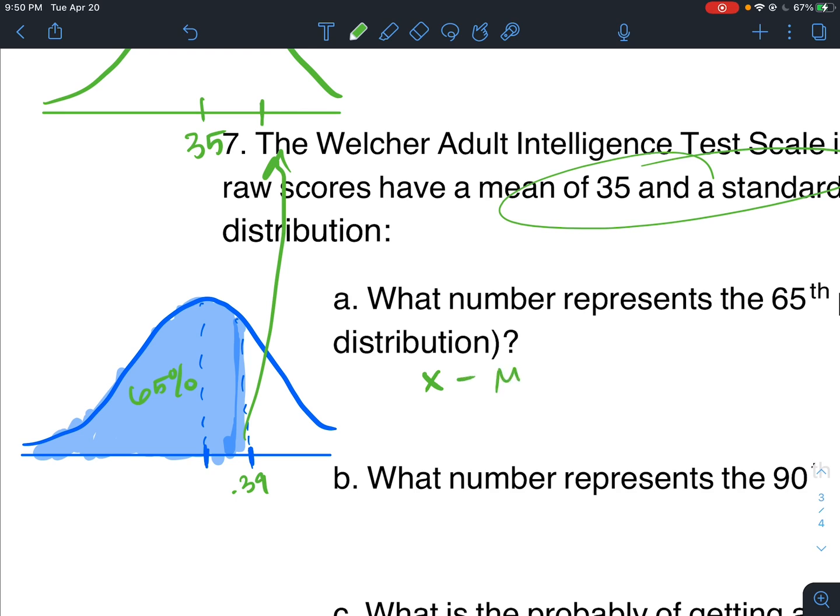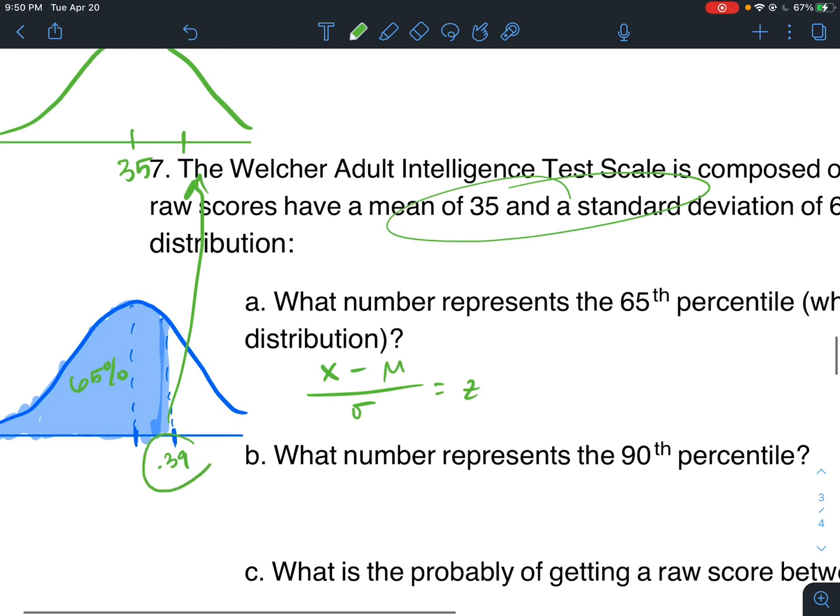So x minus the mean, over the standard deviation, is equal to the z-score. Now I know what my z-score is for the 65th percentile. I can write that as 0.39. Z is equal to that, so I can replace this with 0.39.